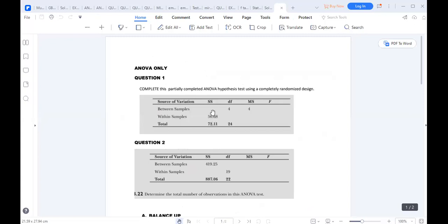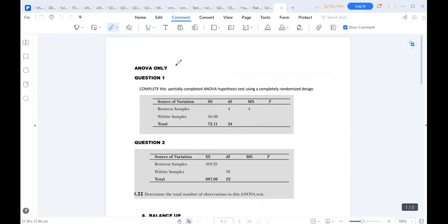So how do we find the missing value here? We subtract the 2, right? How do we get this quickly? 72.11 minus 56.68, what do we get? 15.43.